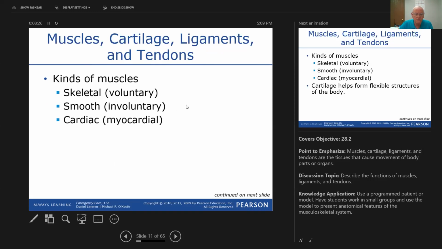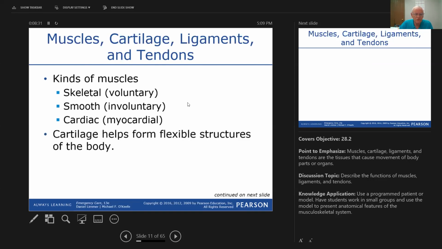We'll talk about that down the road when we talk about cardiac emergencies. And then, of course, the cartilage helps form flexible structures so that we can have joint movement along with the ligaments, and the cartilage slides together so the bone ends aren't grating on each other. So unless you have a problem or you've torn your cartilage.